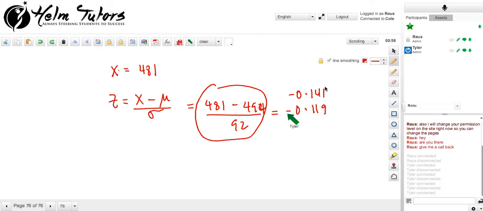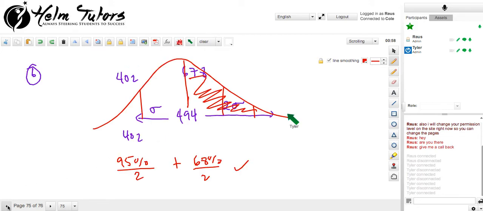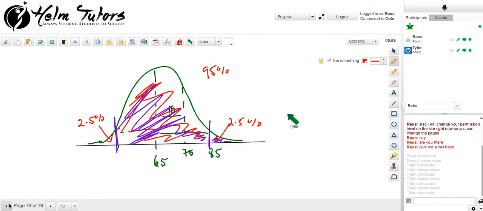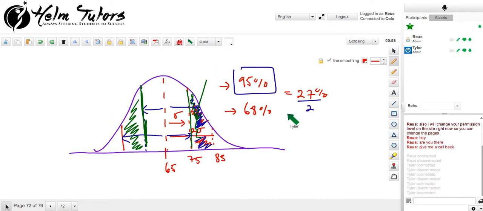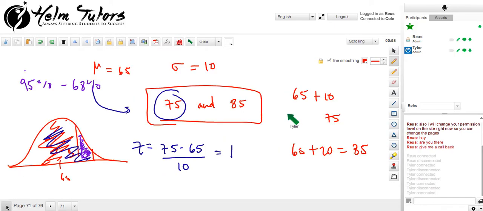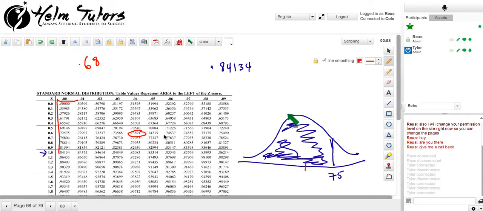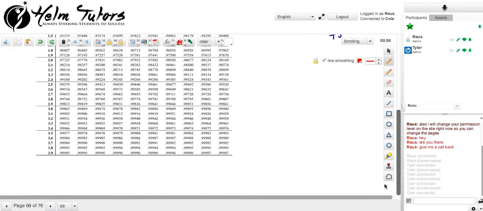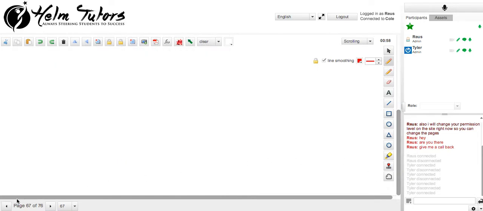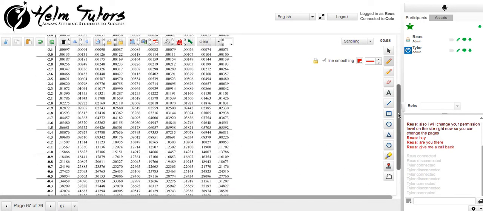Tyler, you have to be given the z table, because if you're not given the z table, then you will not be able to say the probability or the proportion. So coming back to the z table, now that you've got that number, where would you go? The negatives are here.